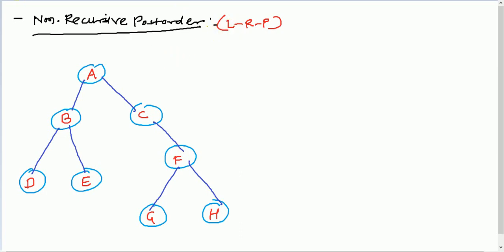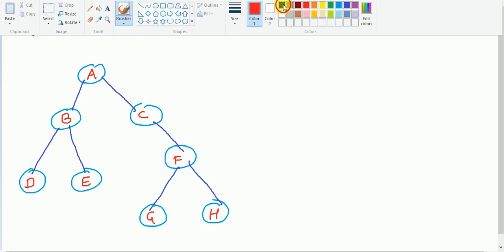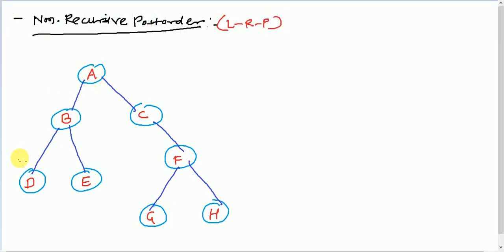When I'm traversing a tree, first of all I'll go to the leftmost part. So I have to use one while loop to go to its leftmost part.